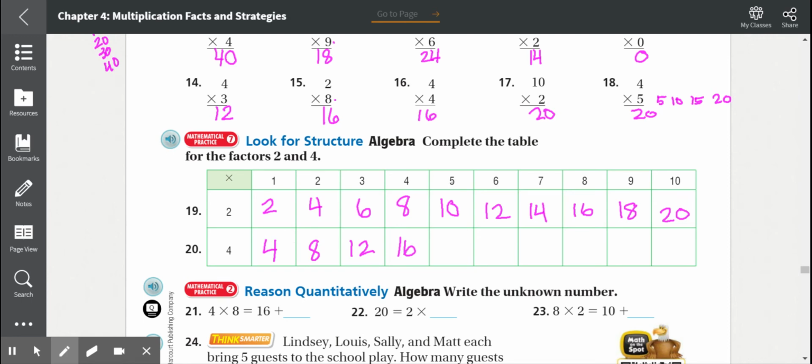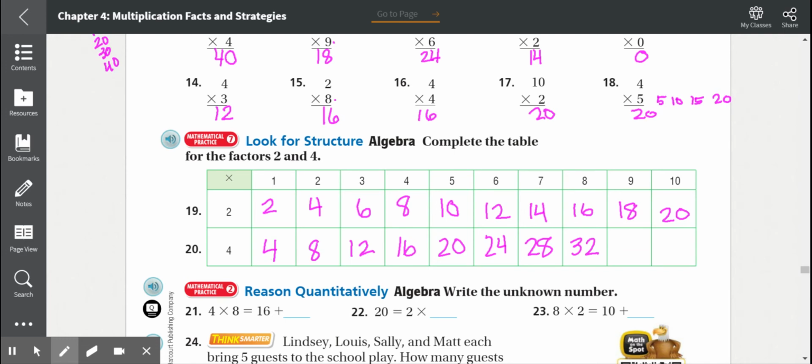4 times 5, well, what's 10 plus 10? 20. 4 times 6, well, what's 12 plus 12? 24. 4 times 7, what's 14 plus 14? 28. 4 times 8, 16 plus 16 is 32. Now let's stop for a minute and go back.